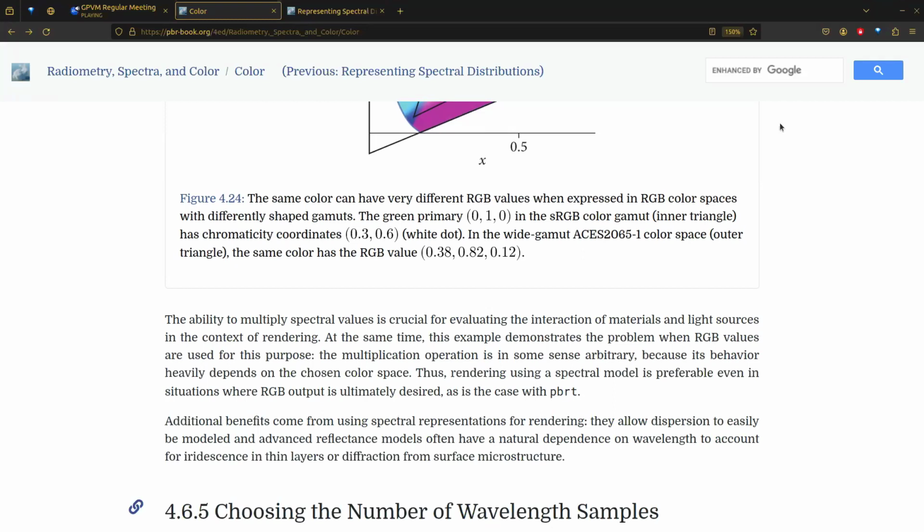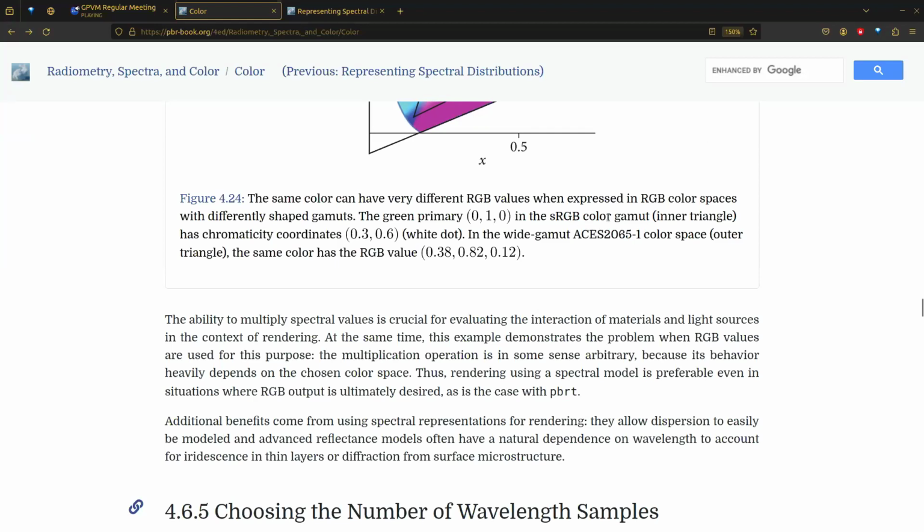Okay, it's interesting. So the ability to multiply spectral values is crucial for evaluating the interaction of materials. The same color can have very different RGB values when expressed in RGB color spaces with differently shaped gamuts.